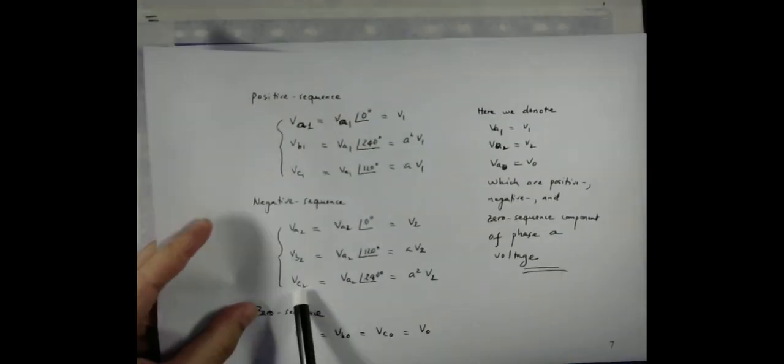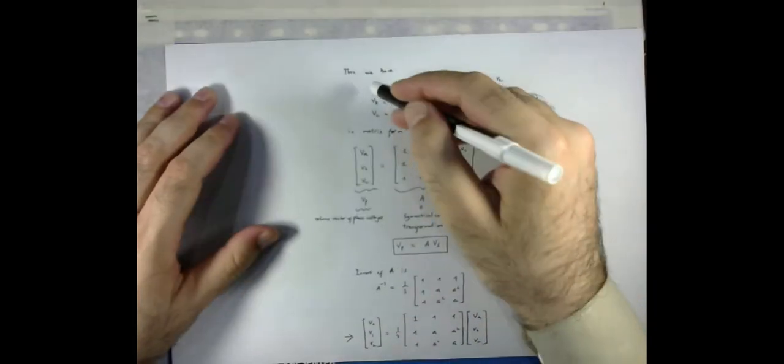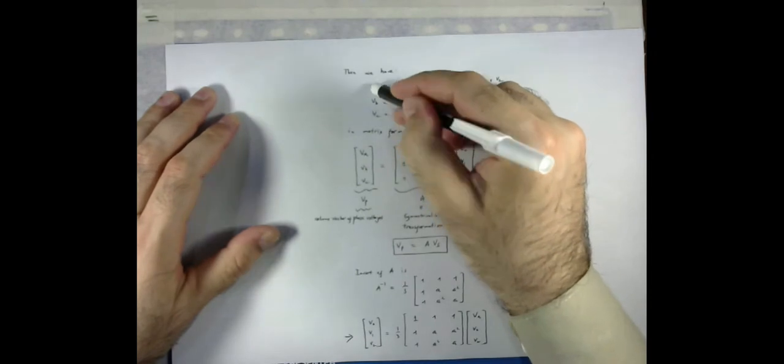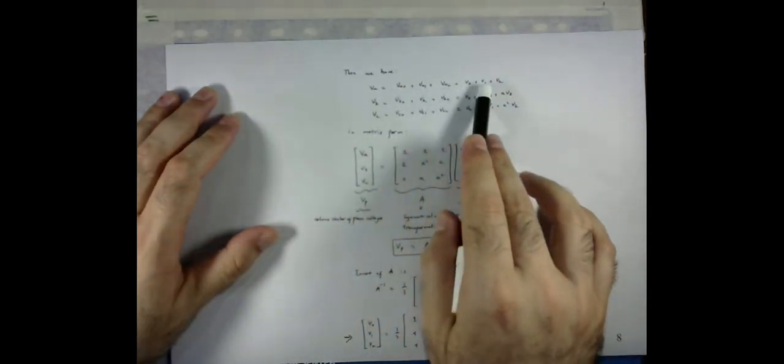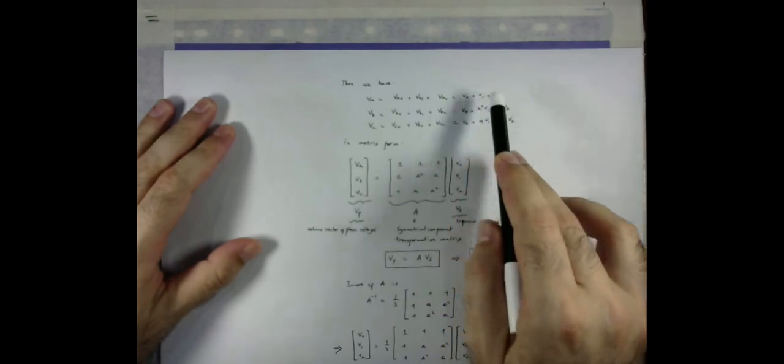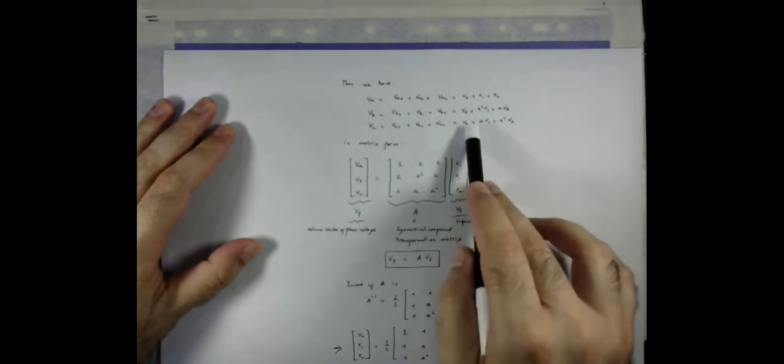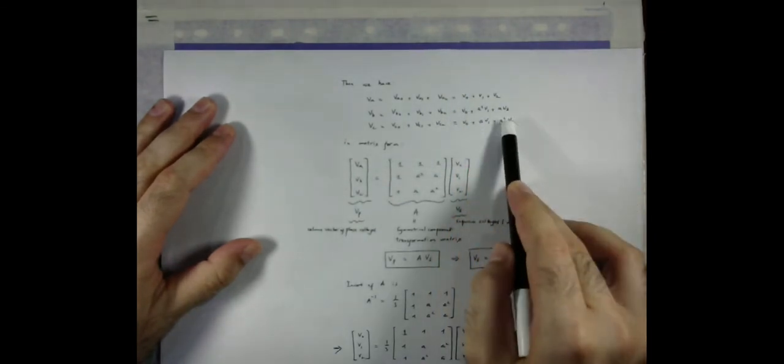Similarly, in the case of VC, the phase C voltage, it has a zero sequence component, positive and negative. Now VC1 equals A V1, that we put here, and VC2 equals A square V2. Now it means that these three phase quantities have been decomposed into zero, positive and negative sequence quantities.